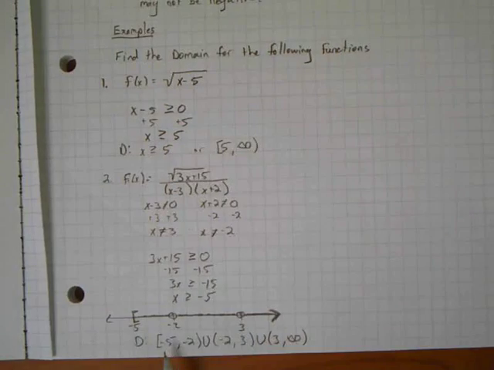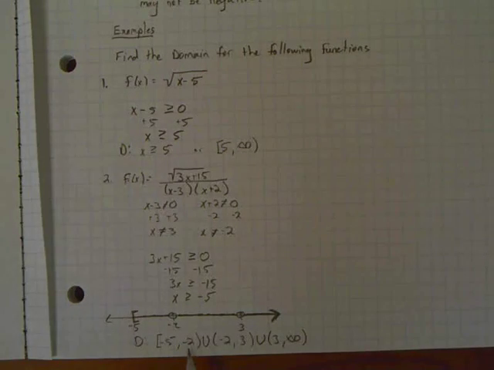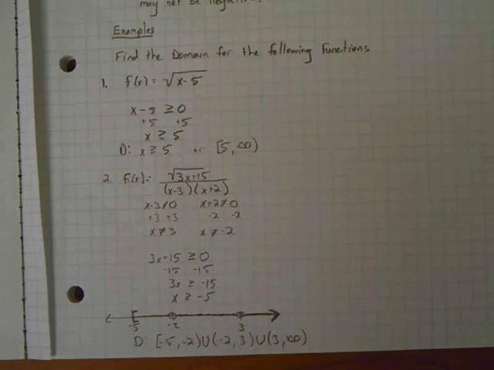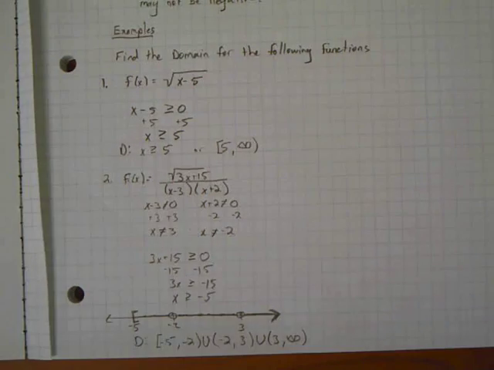So what this is really saying is we're using all numbers from -5 to -2, excluding -2, because that's going to lead to division by 0, and then -2 to 3, excluding 3, because that's going to lead to division by 0 again, and then 3 all the way to infinity. Anything less than -5 leads to non-real answers, and then these two values lead to division by 0.